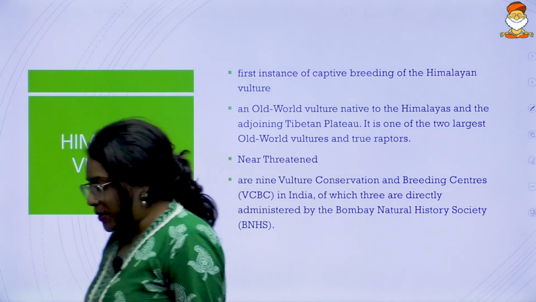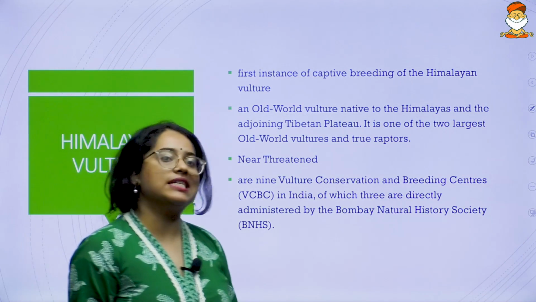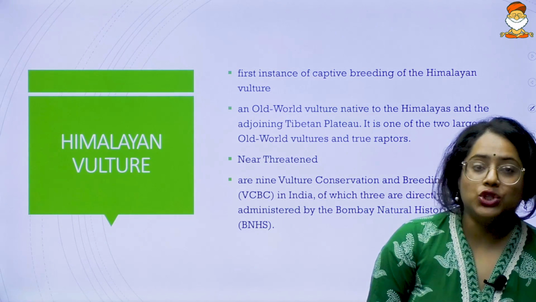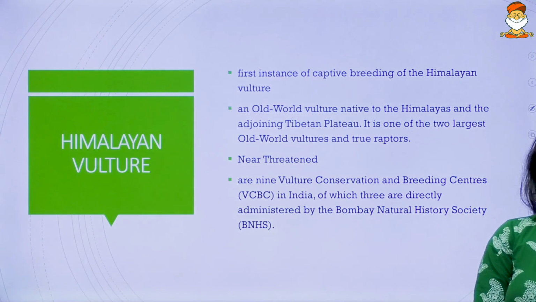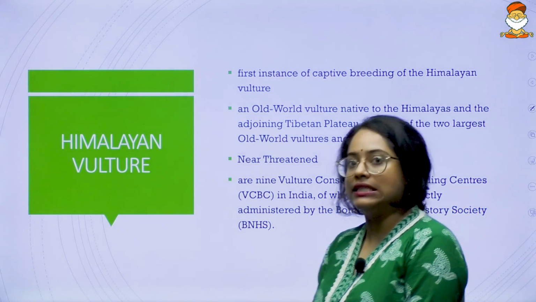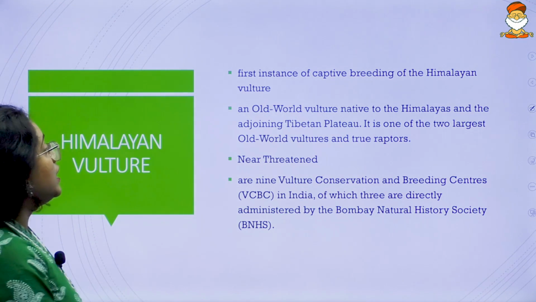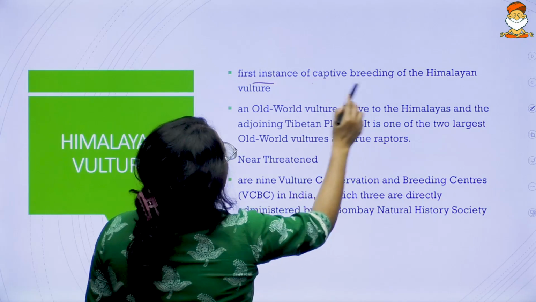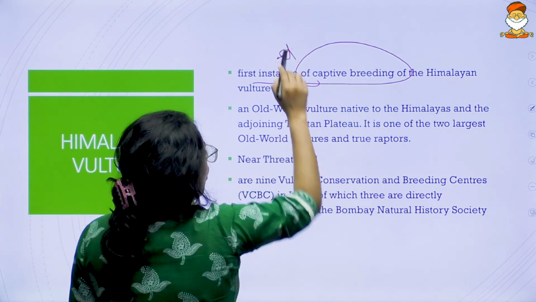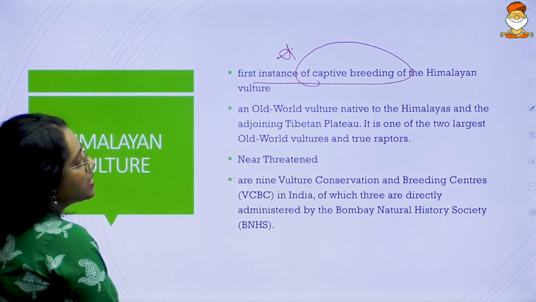The next species that I have to discuss with you is the Himalayan vulture. The Himalayan vulture is a near threatened species, and very recently the captive breeding of the Himalayan vulture has started.